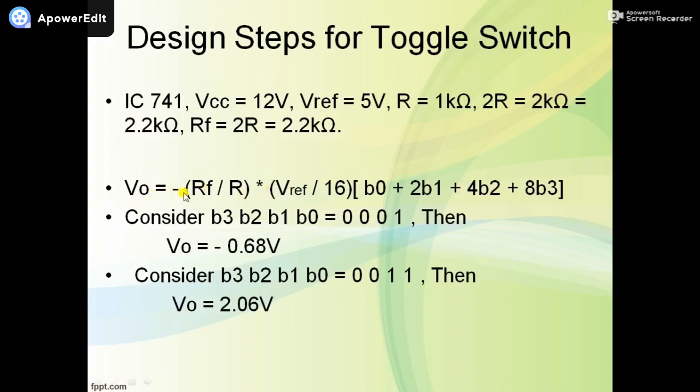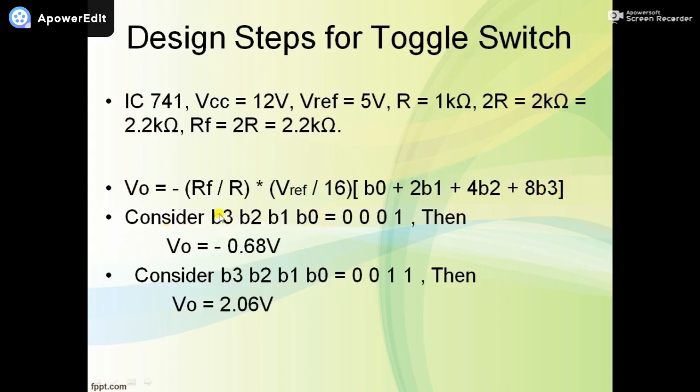So V0 is equal to minus RF by R into V reference divided by 16 into bracket B0 plus 2B1 plus 4B2 plus 8B3. This is the output equation of the inverting amplifier with the R-2R digital to analog converter circuit.